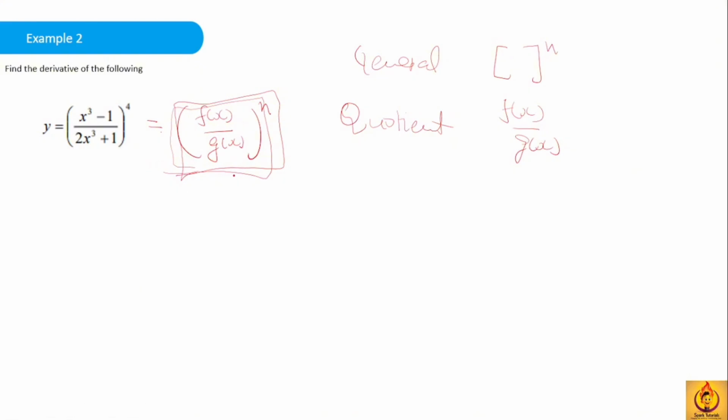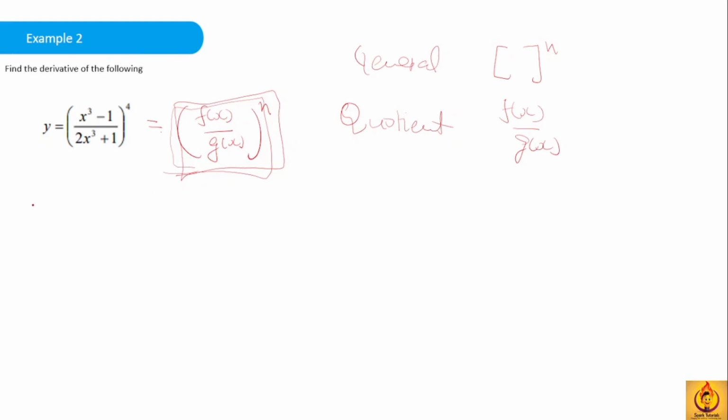But the most important rules that will help you and guide you into finding your answer are the general one and the quotient rules, because they are the ones that play a big part. Because the basic power rule, you know how to use it. The constant one, you know how to use it. The sum, you know how to use it, because they're basic.